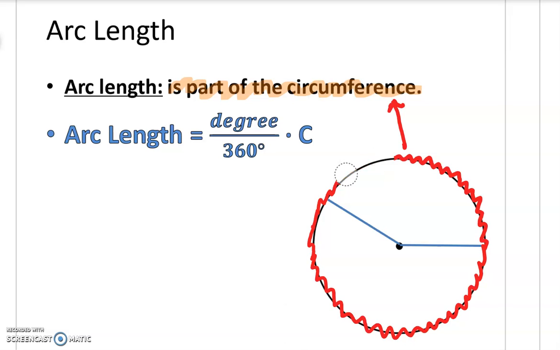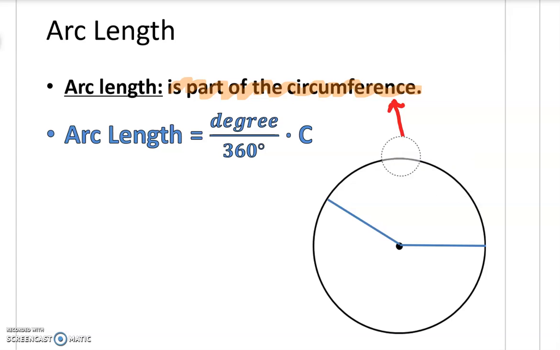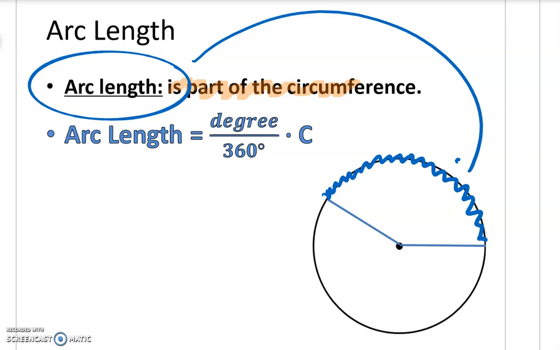So an arc length is simply a portion of that, say from here to here. That's what we call arc length. To find arc length, first you must know the circumference of a circle.